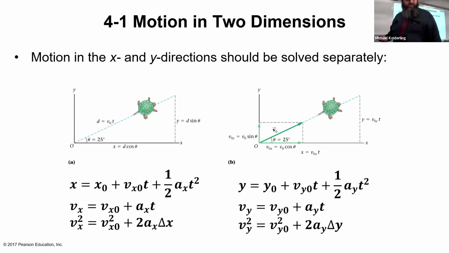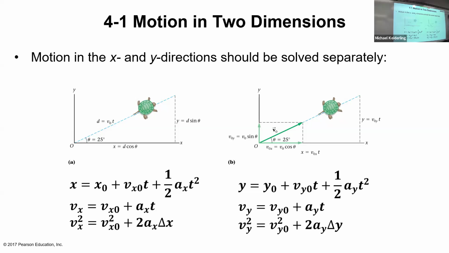When we talk about motion in 2 dimensions, motion in the x and y dimensions should be solved separately. So we have x equals x naught plus vx naught t plus 1/2 acceleration x t squared.